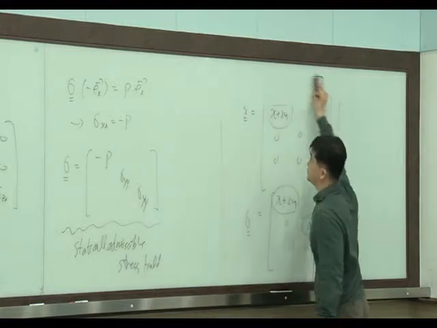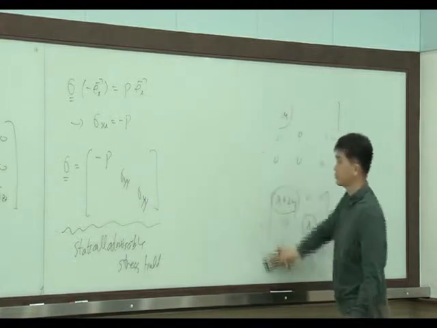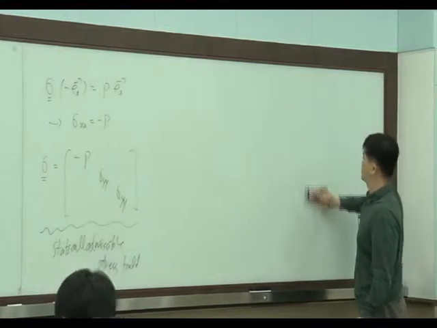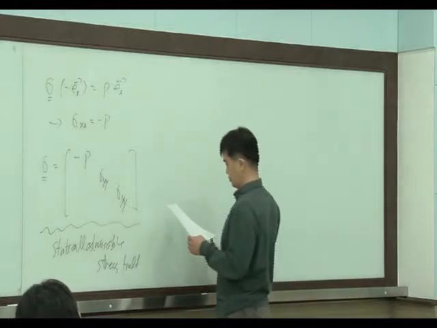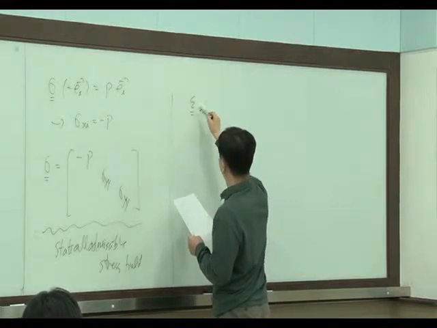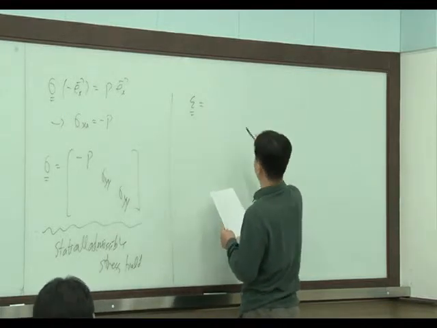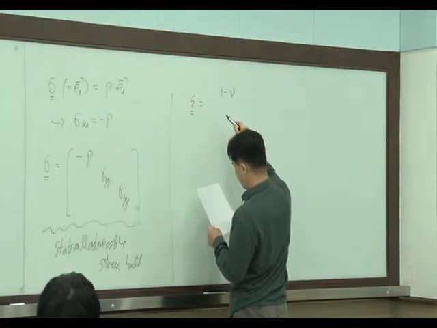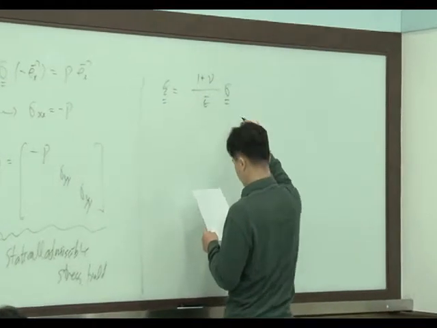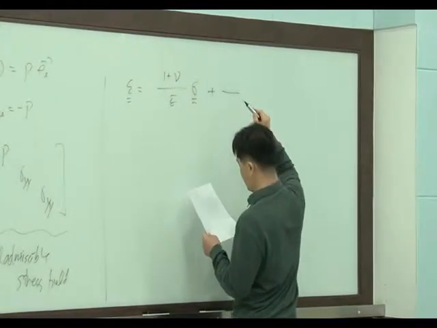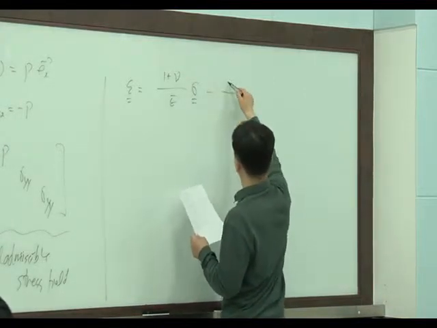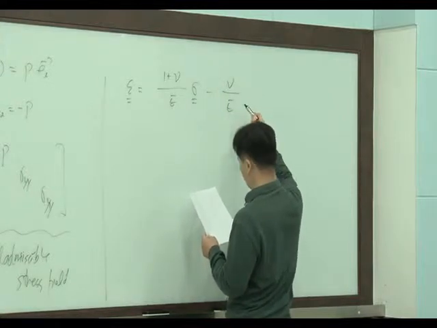The next step: we need to use the material law. Then we can calculate strain. In this equation, I like to use the material constants, Young's modulus and Poisson ratio.